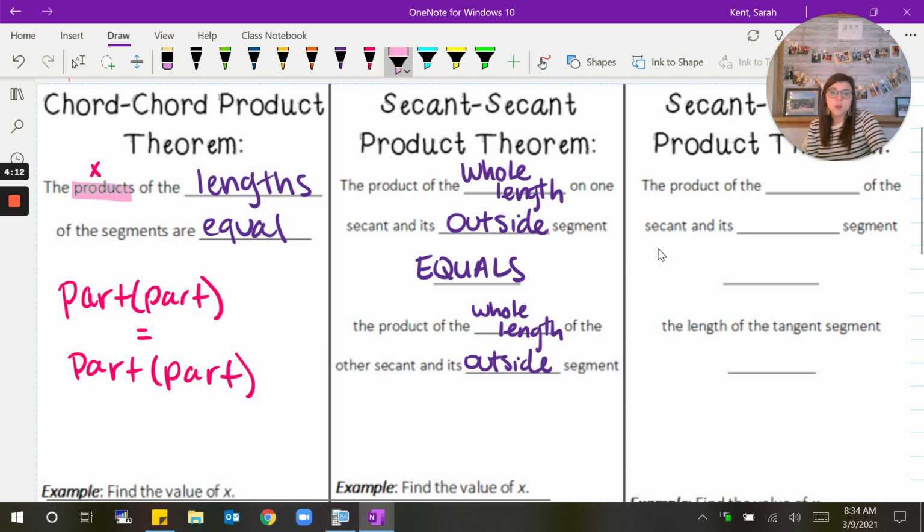So again, we're looking at product. So we're going to be multiplying, but it's going to be a little bit different on this one.